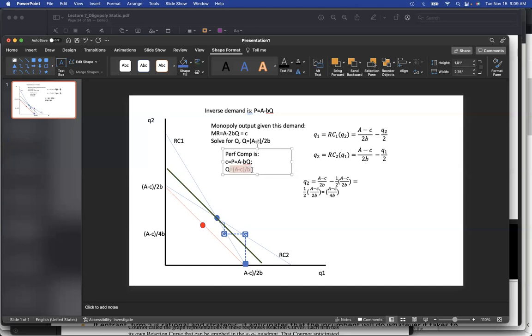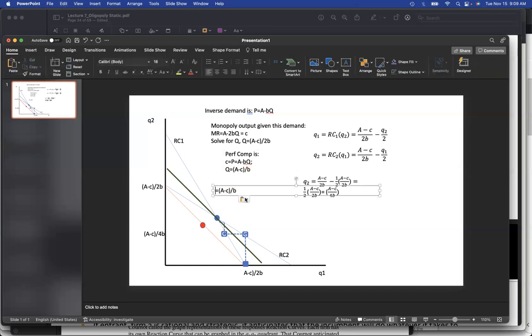And ito rin yung output dito, sa intercept. And ito rin yung output sa baba. So itong point na to, tsaka itong point na to, pwede mo rin siyang i-combine.